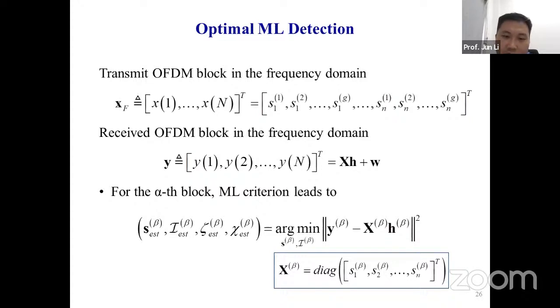This is a common problem for the maximum likelihood, the ML criteria, the ML detection. So how to reduce the complexity of the ML detection?